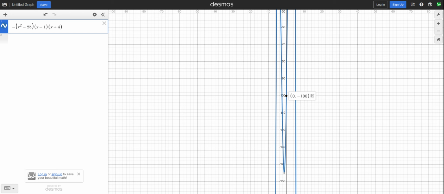And it says in standard form, which means we have to set it equal to 0. So FOIL. Aren't you so excited?